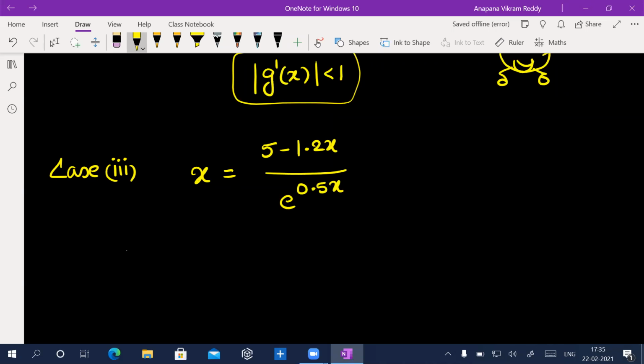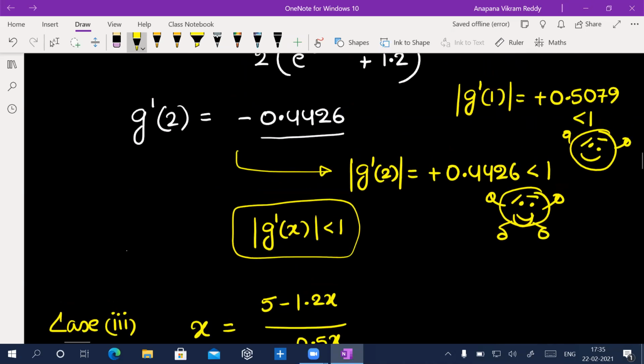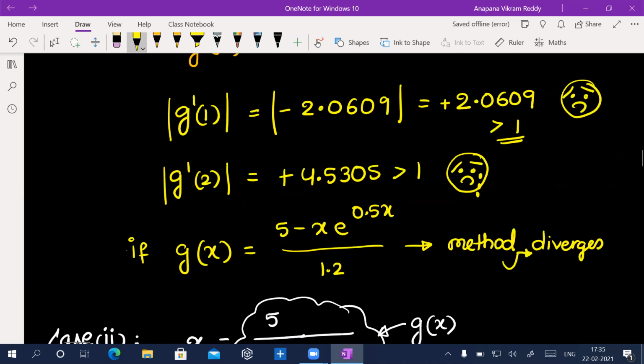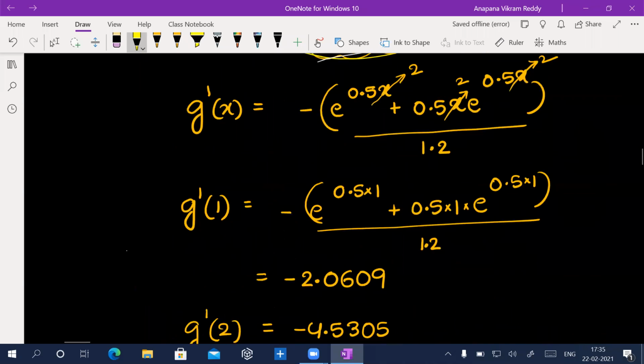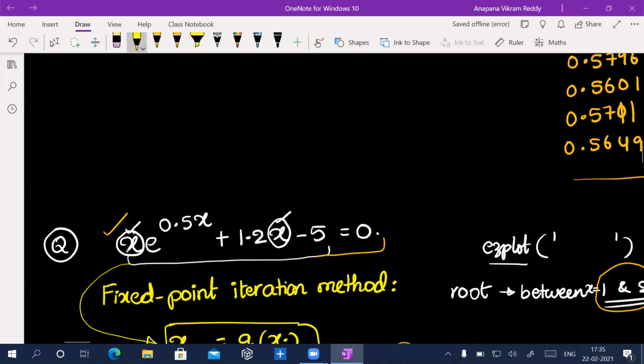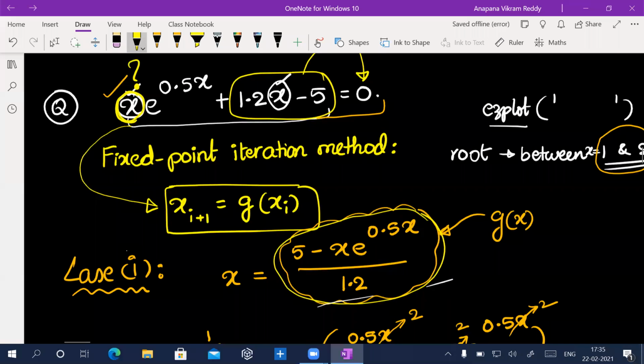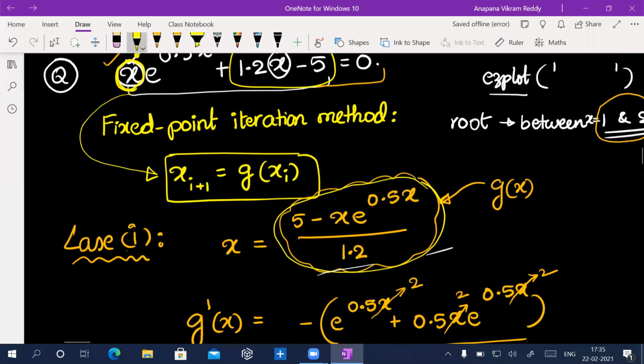Can I write like this? You just take this side, then you find for this x. Yes or no? So you get (5 minus 1.2x) by e power 0.5x, right?